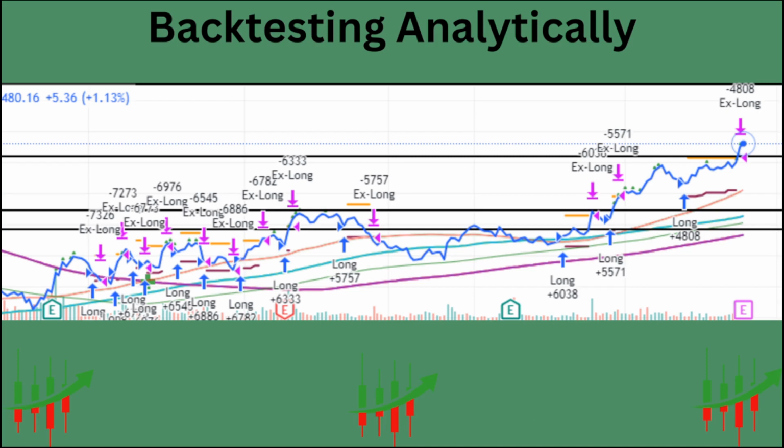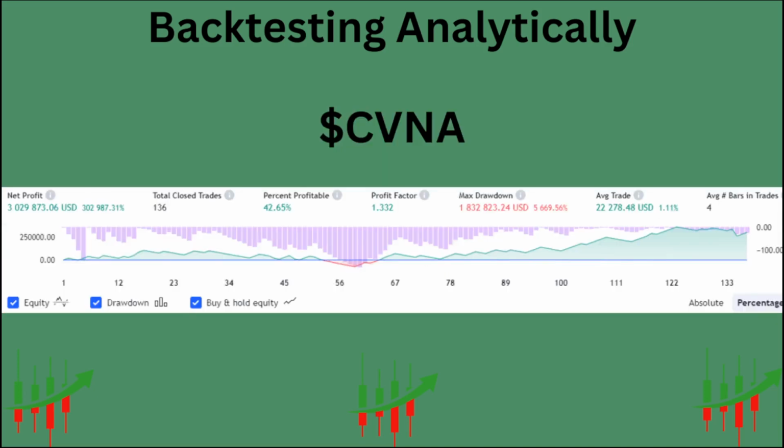It's telling me the long arrows. As you can see, the blue arrows with the long mean it's suggesting a buy. The exit longs are obviously suggesting a sell. So as you can see, this can be pretty correct, and it's really good to look and see how your trading strategy would do.